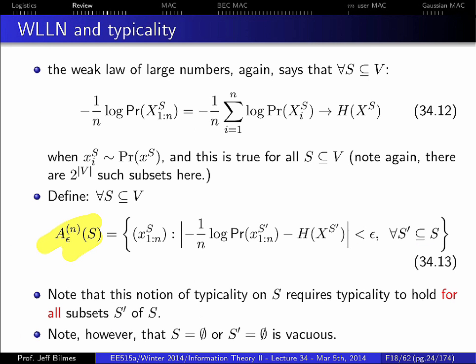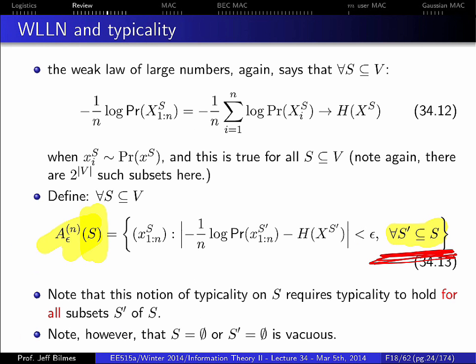The only thing, like I said last time, that is important to realize is that we're defining typicality for a set S. So S is the set of indices of random variables. We are requiring it to be typical for all subsets of S. So keep in mind that bit over there.